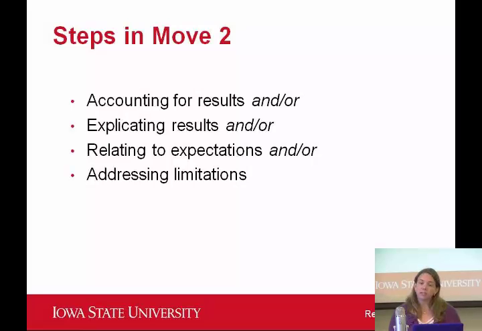So Move 2 contains 4 steps, and some of these may not be present in a particular discussion conclusion section. So we're going to go through each step individually, and as always, as I just said with the moves, remember that even though we're going to go through the steps in a linear order, the steps can occur in all sorts of different orders in real papers and can even overlap within a single sentence, for example.